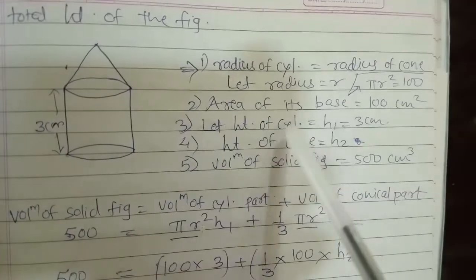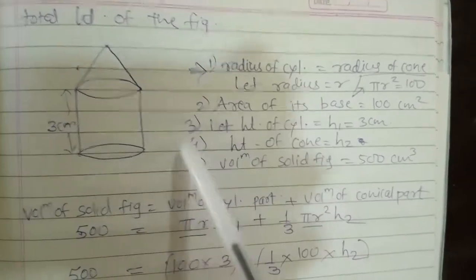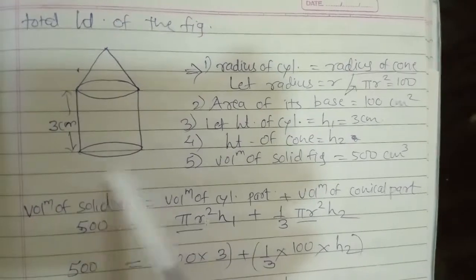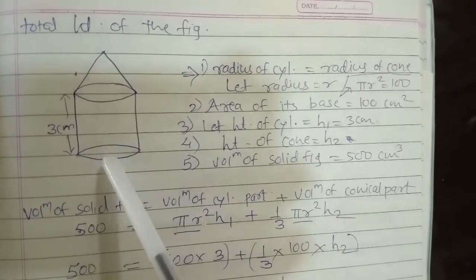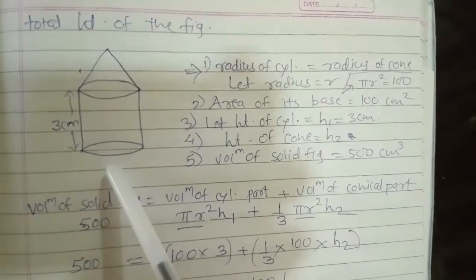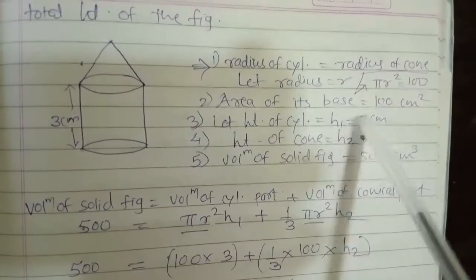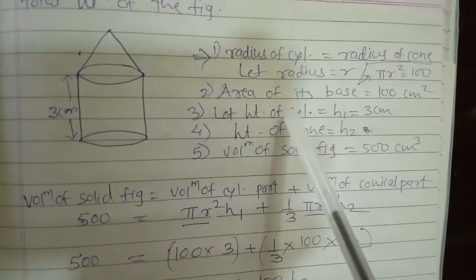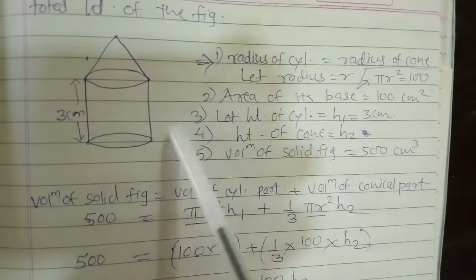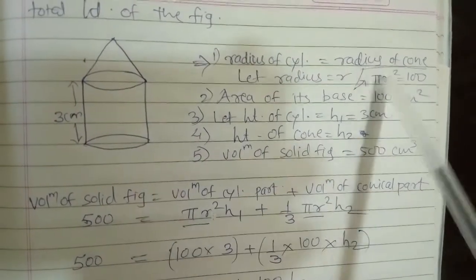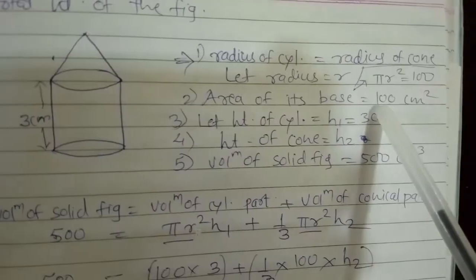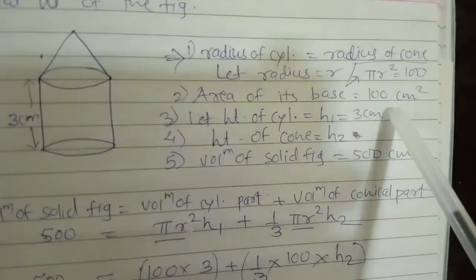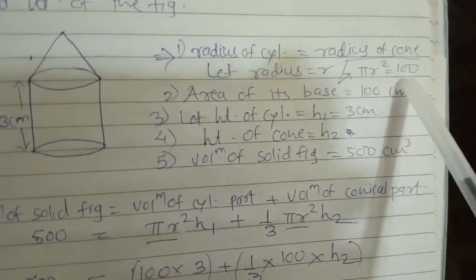And we are given the area of its base. The base is a circular region, so the area is pi r square, which is 100. Since the area of the base is 100, pi r square is 100.